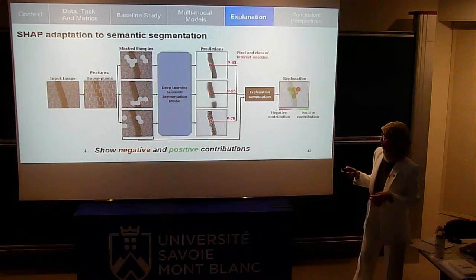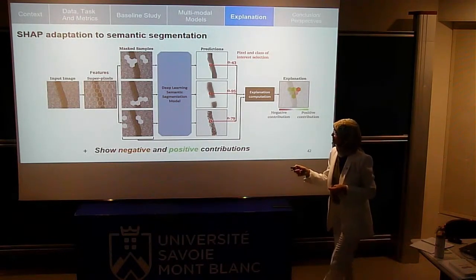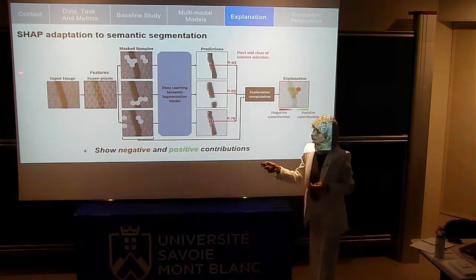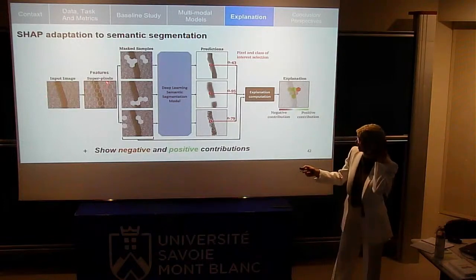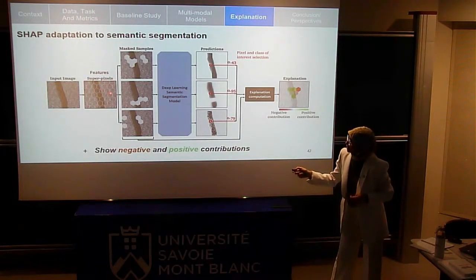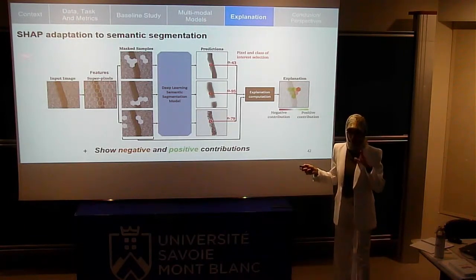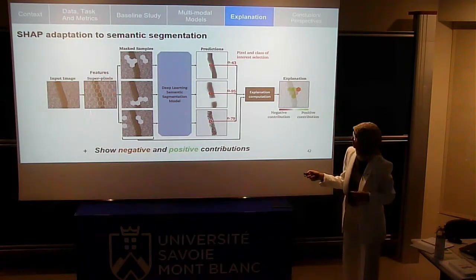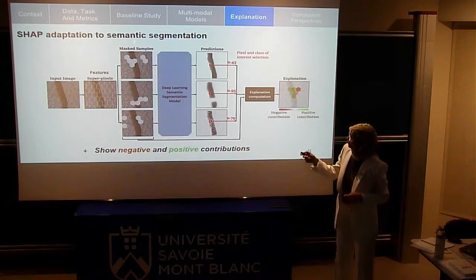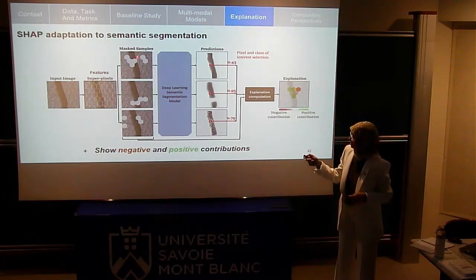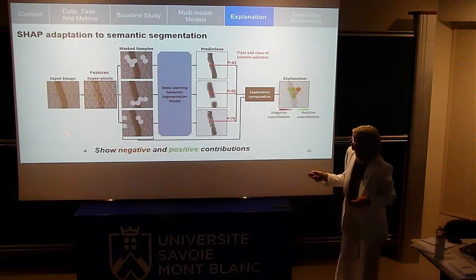Here is the adaptation of the SHAP explanation technique. As an input, we have our SAR image, and we have a grid of hexagonal shapes, which we call our superpixels, and our features in the vocabulary of SHAP. We generate several masked samples where several superpixels are hidden.